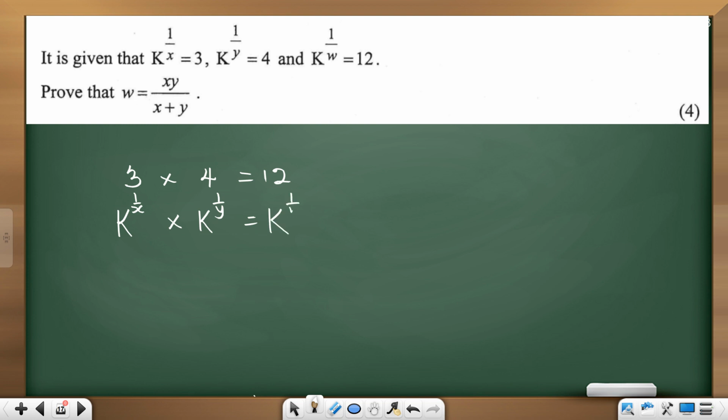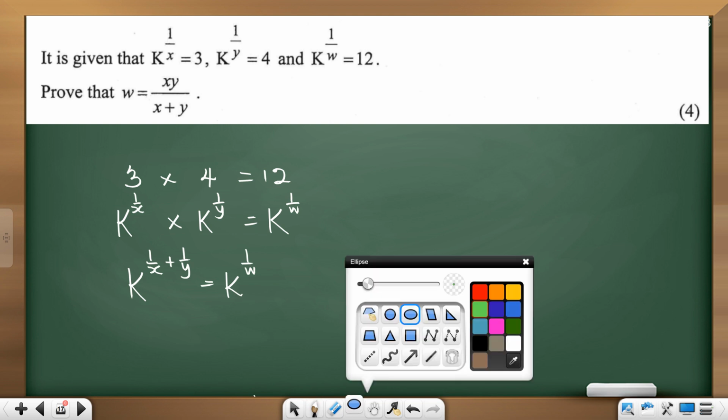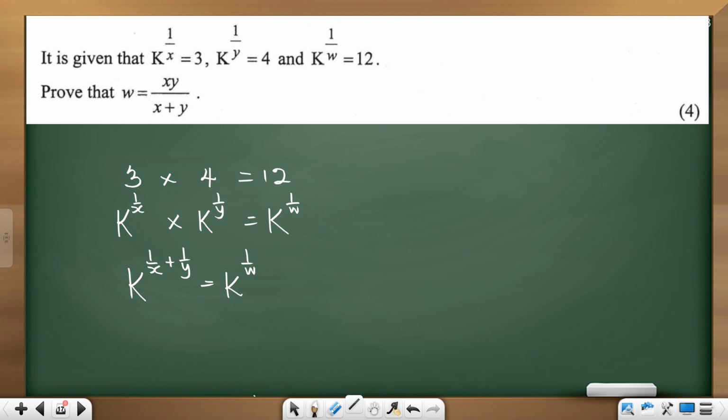K to the power 1 over w. Laws of exponents: when you are multiplying with the same base, you add the exponents. So k to the power 1 over x plus 1 over y equals k to the power 1 over w.